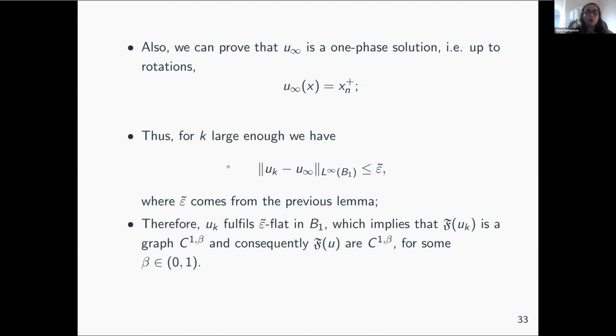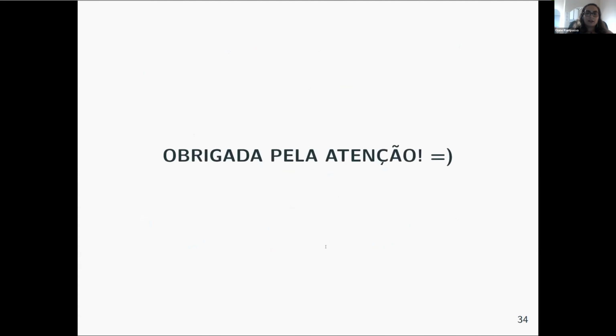And so U_k fulfills epsilon flatness in B1, and then it implies that the free boundary for U_k is a C^{1,β} graph by the previous theorem, and consequently we have that the free boundary is of class C^{1,β} for some β between 0 and 1. So I think I stop here, and thank you for the attention.